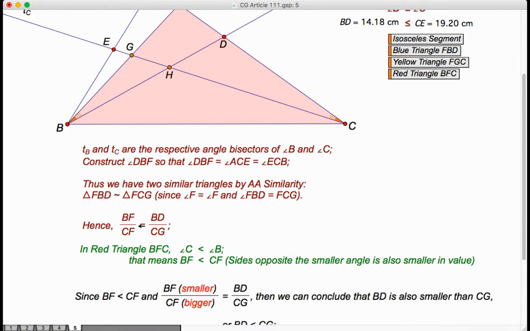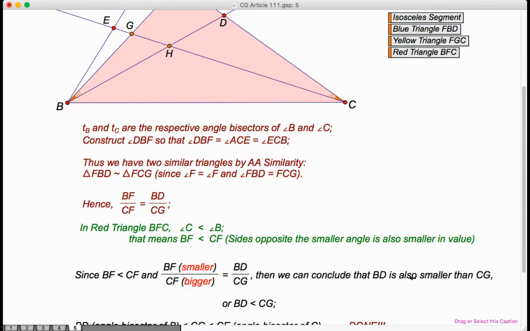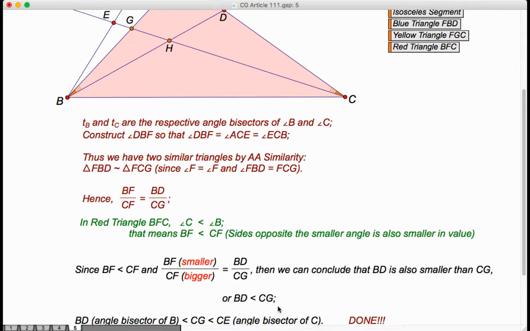Thus, I will put the results together. Since BF is smaller than CF, and this proportion is true, BF is to CF, where this is the smaller and this is the bigger, then in this equality, this must be the smaller and this must be the bigger. So BD is smaller than CG.